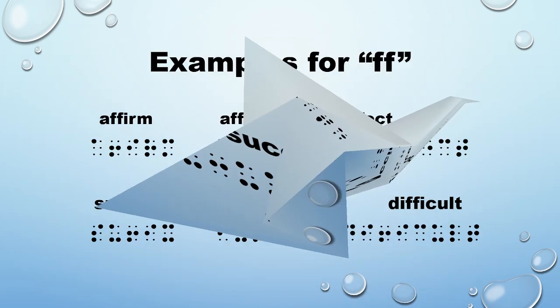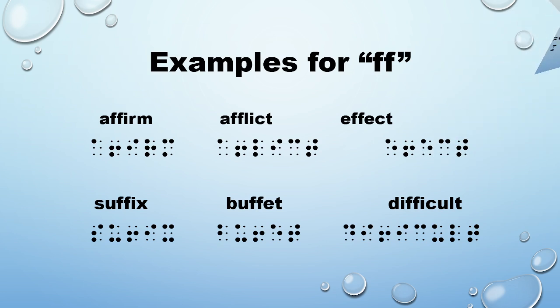Let's go straight to the examples for the lower group signs for FF. So you have the word affirm, two letter F's are in the middle. Afflict, same thing also. Effect, so we can also contract FF there.